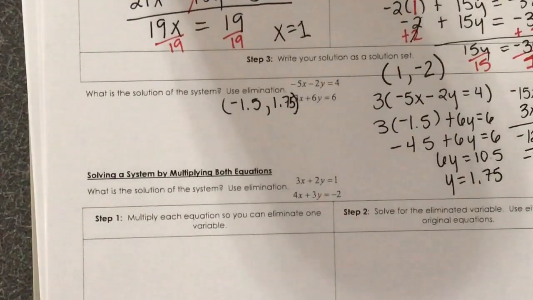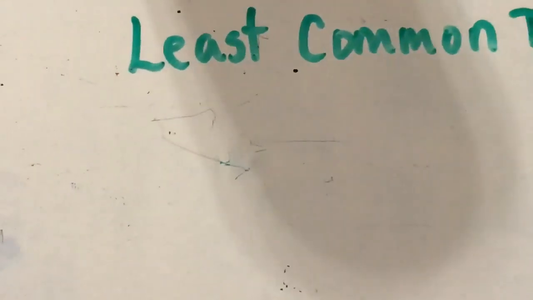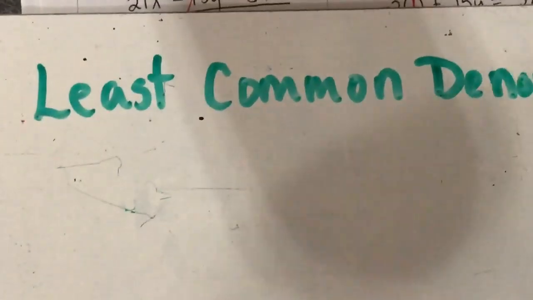So off on my side here, I'm going to do a little bit of work. Let's say we want to eliminate our x's. I have a 3x and a 4x.